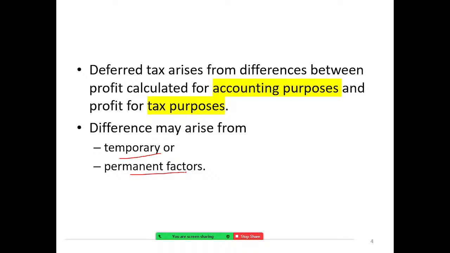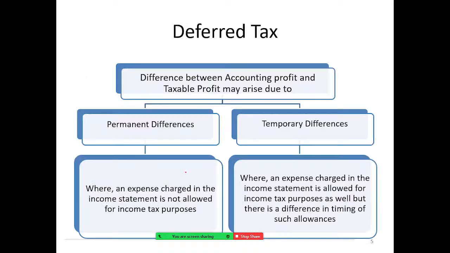So that's called a temporary factor. So differences between accounting profit and taxable profit may arise due to permanent differences and temporary differences. We do not pay much attention to permanent differences, because permanent differences arise where an expense charged in the income statement is not allowed for income tax purposes.